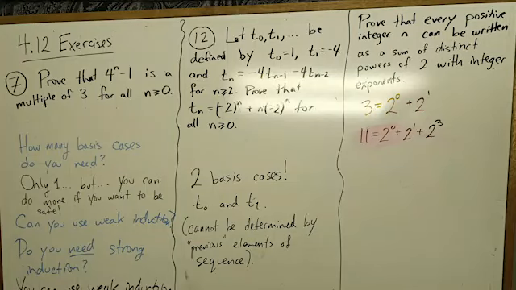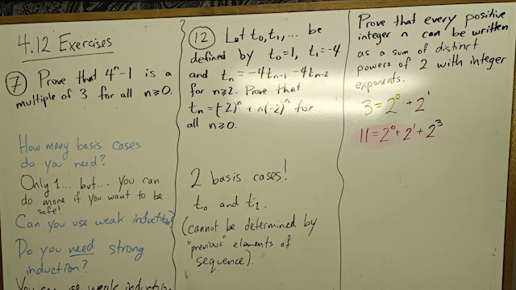Here's the thing. You need 2 basis cases in this proof, because if you look at the definition of the sequence, T0 is just defined to be equal to the number 1, and T1 is equal to -4.